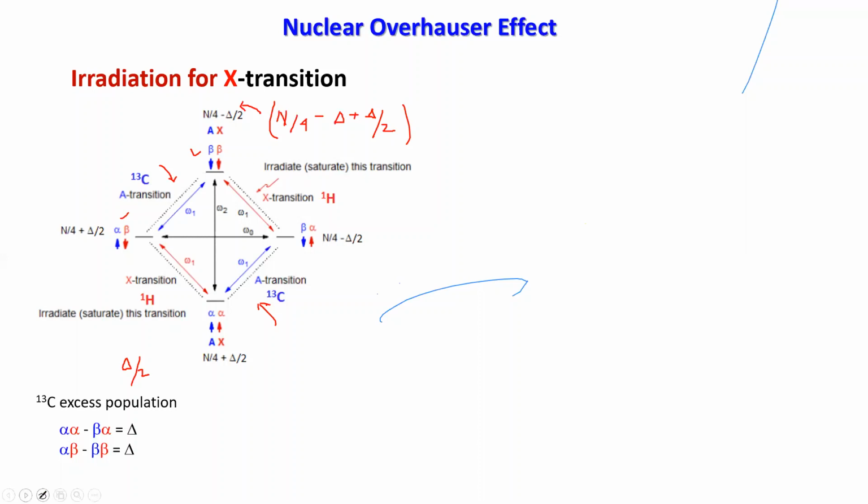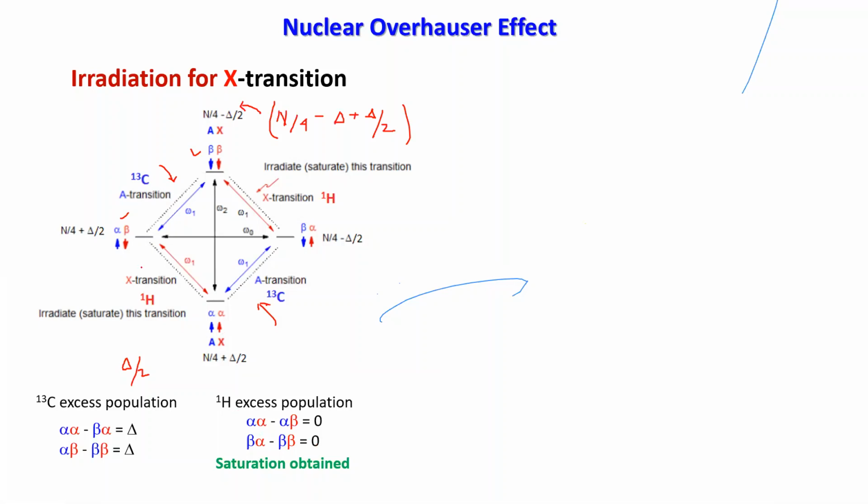Now what is the situation for the proton? We made the proton saturated. That means the proton has to have the same population at the ground state as well as the relatively higher state. If you do the calculation, you will get the same value.